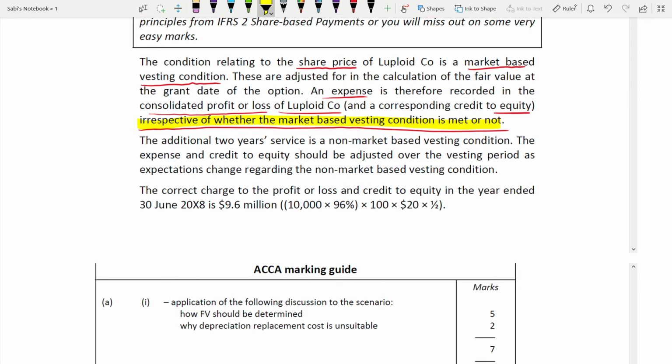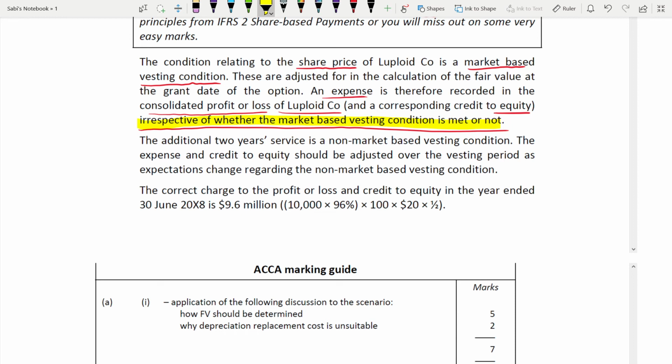The additional 2-year service, they told a 3-year service. Then why are they talking about additional 2-year service? Because from 2007 to 2008.